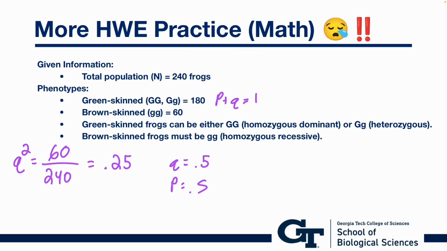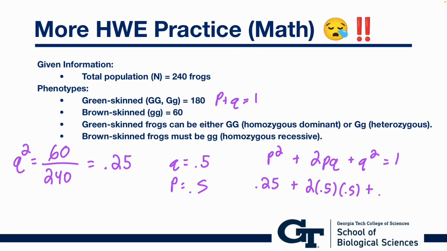Now we can go ahead and figure out everything else. P squared plus 2PQ plus Q squared must equal 1. What's P squared? Well, 0.5 squared is 0.25, plus 2 times 0.5 times 0.5, plus 0.25 again must be equal to 1. And we know that 2 times 0.5 times 0.5 is equal to 0.5.